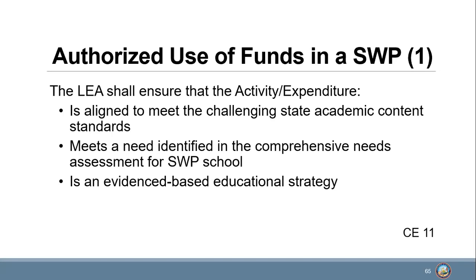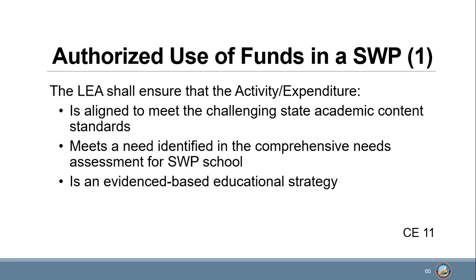Next, moving on, we're going to talk a little bit with the next 3 slides. We're going to cover the authorized use of funds in regards to school-wide Title I programs and the activities and expenditures for SWAP programs. As you might already be aware of, all activities and expenditures must be aligned to help students meet the challenging state academic content standards.